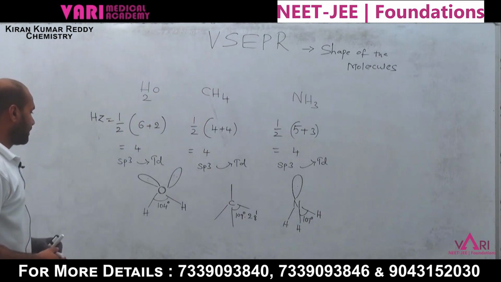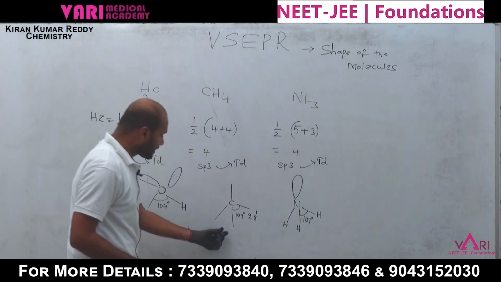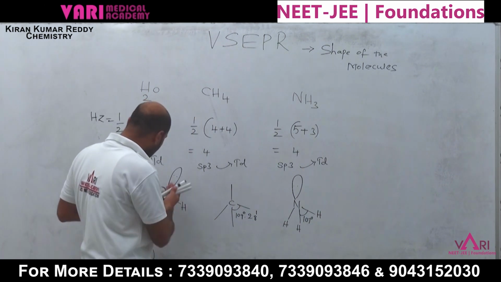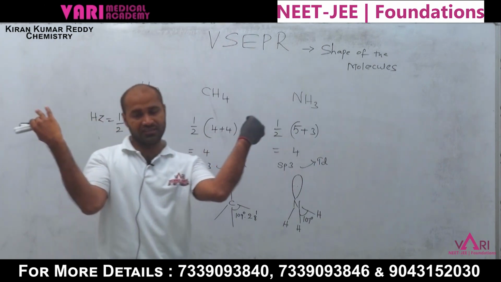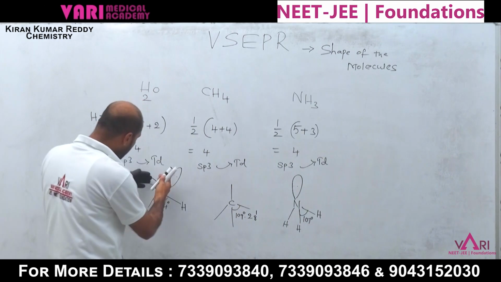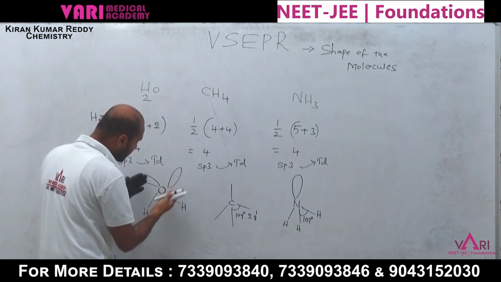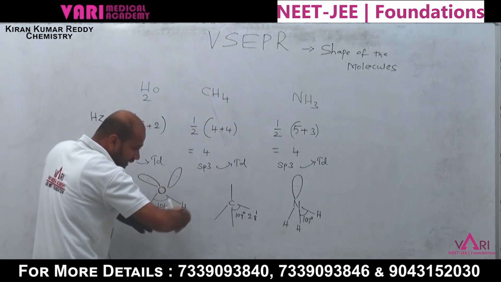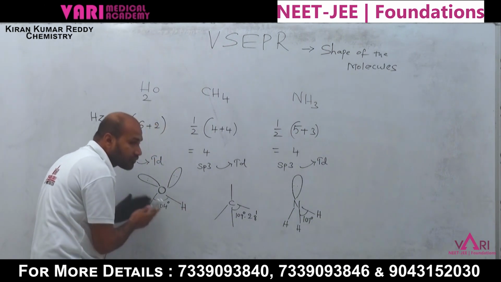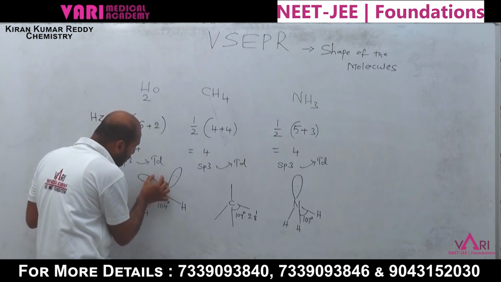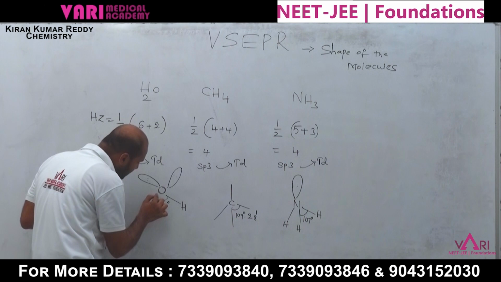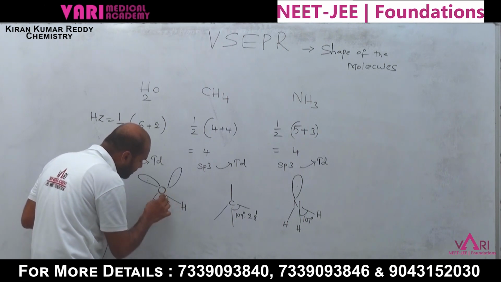Now what has happened here? The normal tetrahedral angle is 109 degrees 28 minutes, but these lone pairs are more spacious, they occupy more space. That's why lone pair repulsions are present in the water molecule. They try to reduce the angle from 109 degrees 28 minutes to 104 degrees. Here is lone pair bond pair repulsion. These are the bonds, the bond pairs.